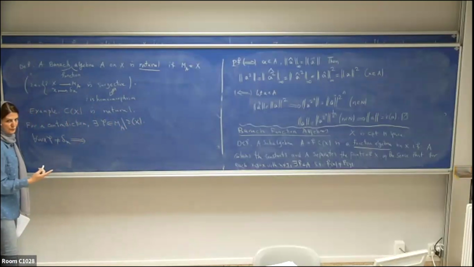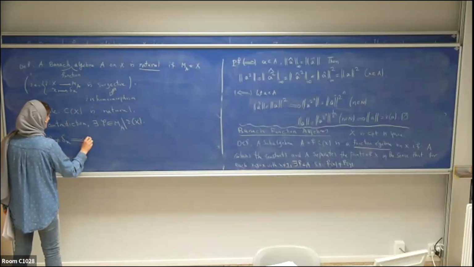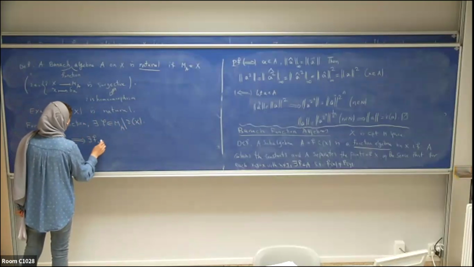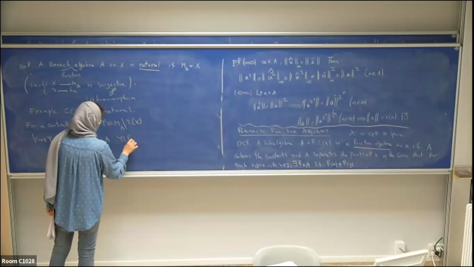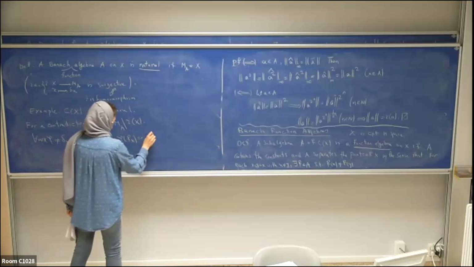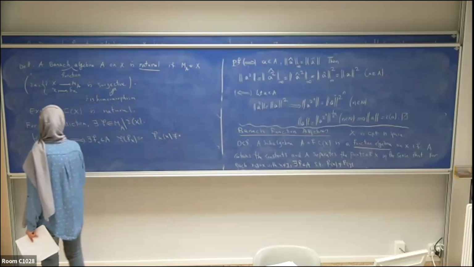And I told you, when we have two characters with the same kernels, they should be the same. When they are different, it means that the kernel is different. So there exists f, which is maybe related to x, such that phi of f is 0, but f of x at x is not 0.